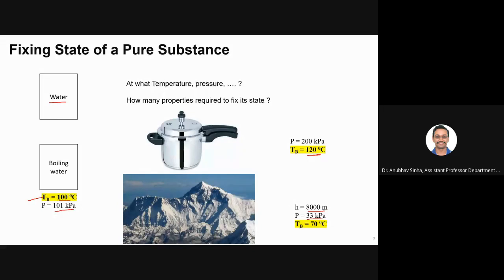For that pressure, your boiling point is 70 degrees Celsius. So if you say that we have boiling water, that is not a sufficient condition. We need at least one more variable. Either you know that water is boiling at 100 degrees Celsius or 120 degrees Celsius, or you should know that water has a pressure of either atmospheric pressure or higher. Is this clear?